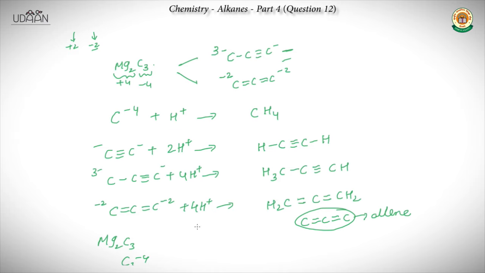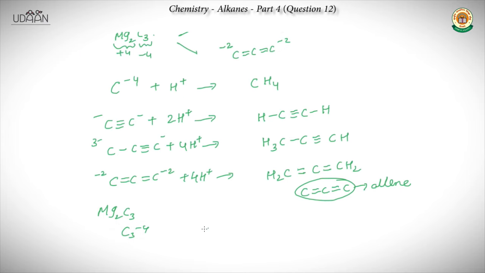It's the same as the second possible structure. Exactly. So the C3 that is associated with Mg2 is in conjugation, and as a consequence, both of these are different resonating structures of the same compound. So they're both equally likely to be formed.